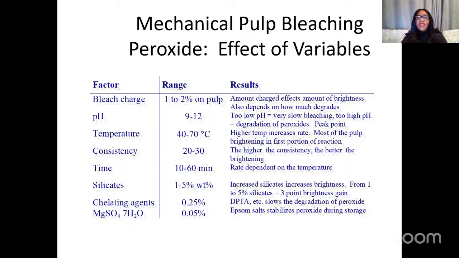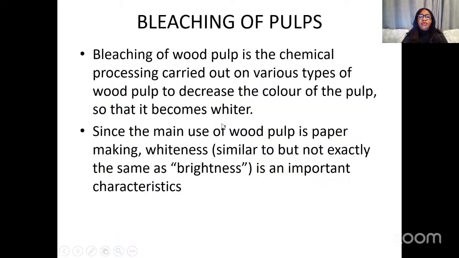At pH 9 to 12, too low a pH gives very, very slow bleaching. Too high a pH can lead to degradation of the peroxide. So you have to keep the pH within the optimal range. And then temperature; these are the ranges and the results that you get from these variables.